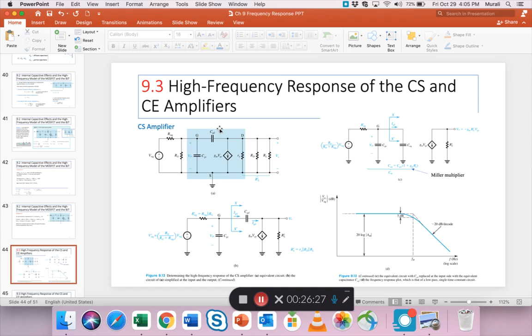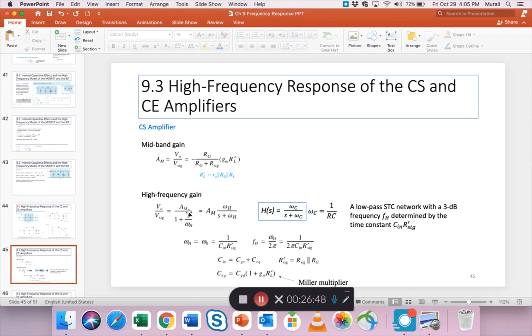All that is in chapter 9, but we just don't have time to do it because you guys have a shorter semester. But at least if you learned the basics of the CS and CE amplifiers, I think that's good enough. That's better than nothing, right?